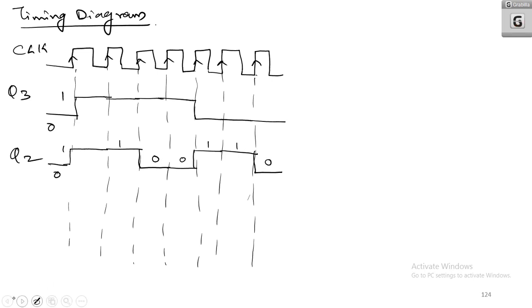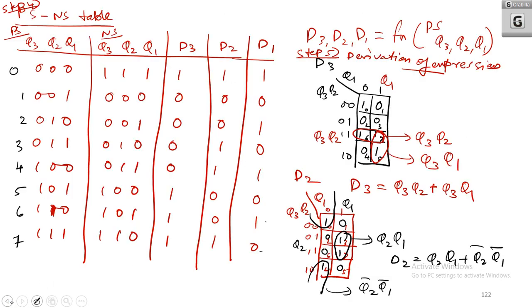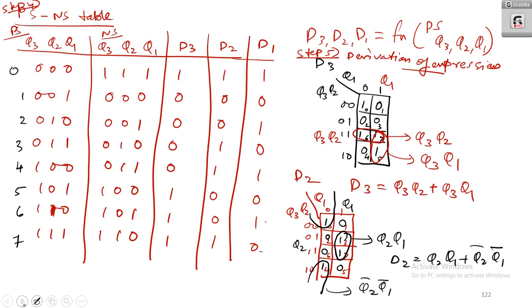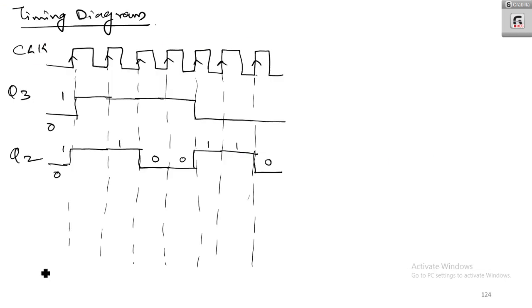So go like that. That is Q2. Now it is Q1. Q1 is 0, 1, 0, 1, 0, 1, 0, 1, like that. It will go like that. That is Q1. So I have drawn the timing diagram also.